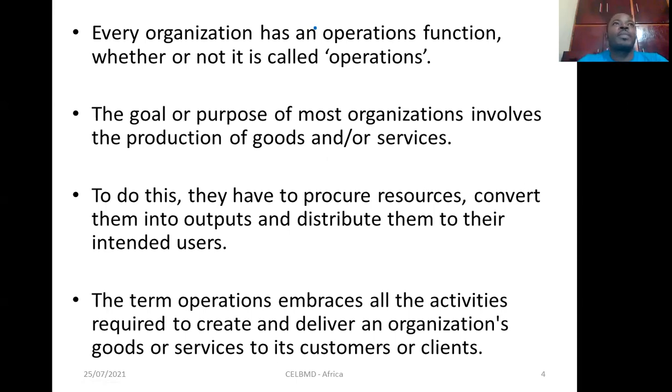Summarily, every activity, every coordination or transformation of a resource from its elementary stage that helps that resource to become the kind, the form, and the nature to gain that value that customers will appreciate is called operations management.